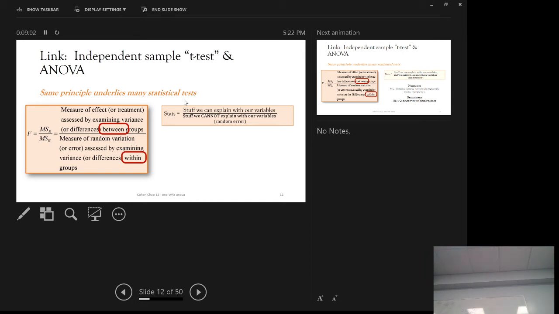Is everyone in group A the same? Is everyone in group B the same as everyone else in group B? Just knowing what group someone's in doesn't tell you everything. There's still other factors out there. So some part of the score is explained by the grouping, and some part is explained by everything else.